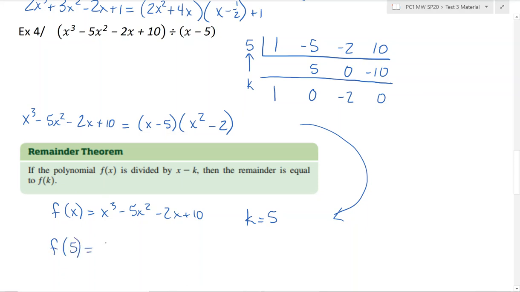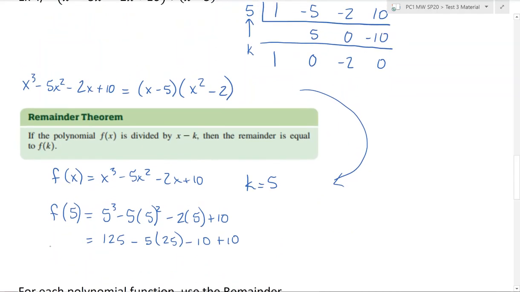We get 5 cubed minus 5 times 5 squared minus 2 times 5 plus 10. 125 minus 5 times 25 minus 10 plus 10. I get 125 minus 125 minus 10 plus 10 is 0.